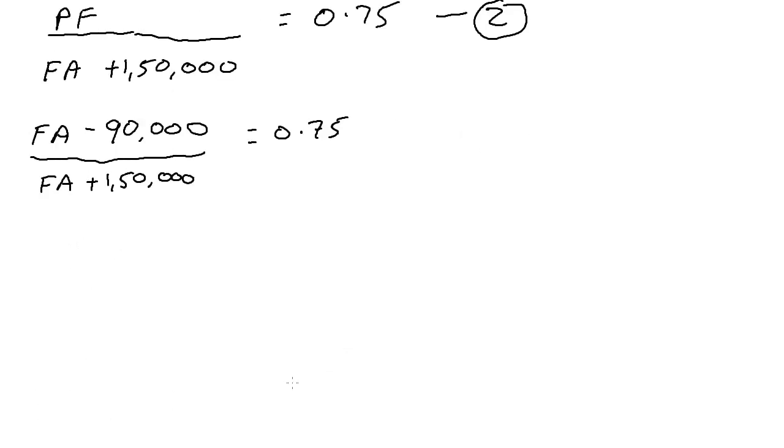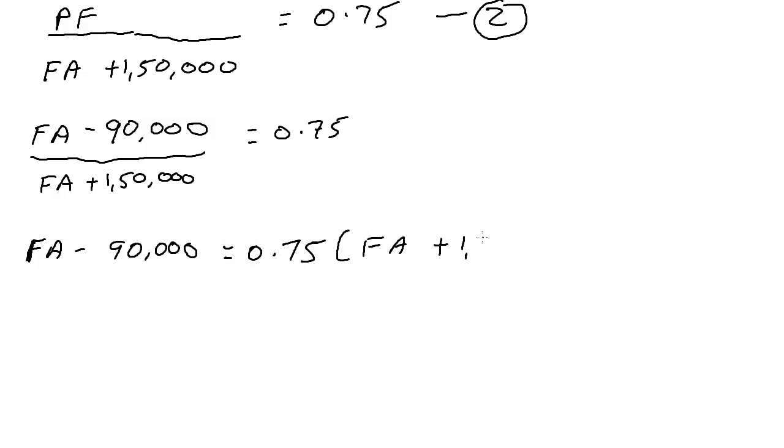Now, what we have over here is division, goes that side, it becomes multiplication. So it's going to be fixed assets minus 90,000 is equal to 0.75, open brackets, fixed assets plus 1,50,000.